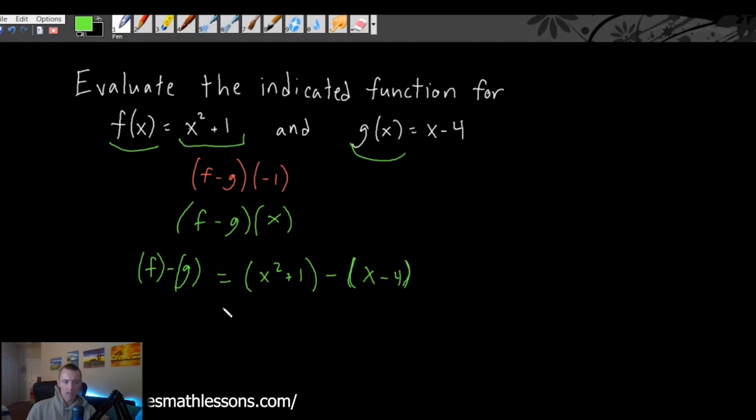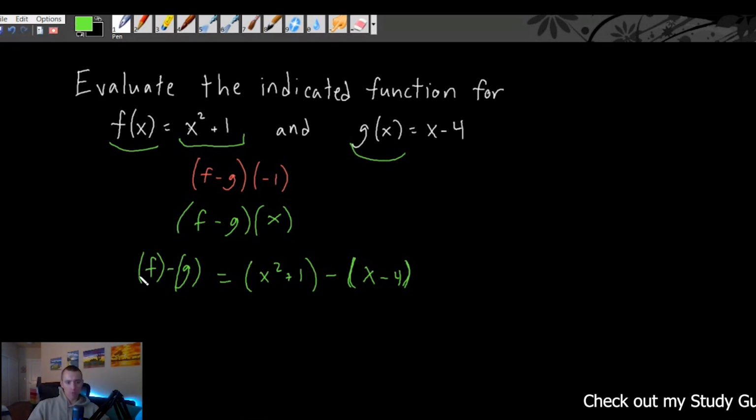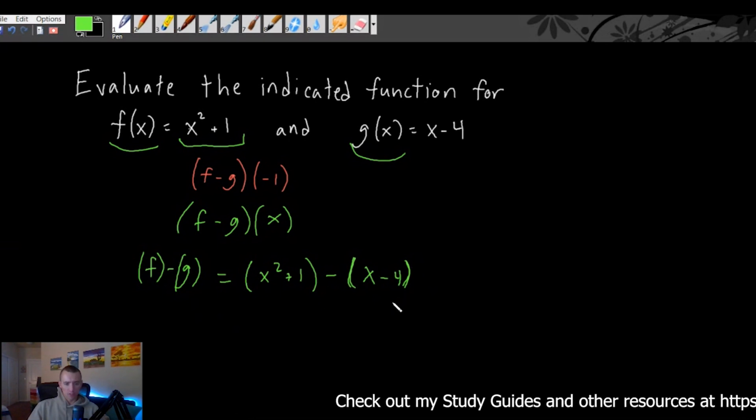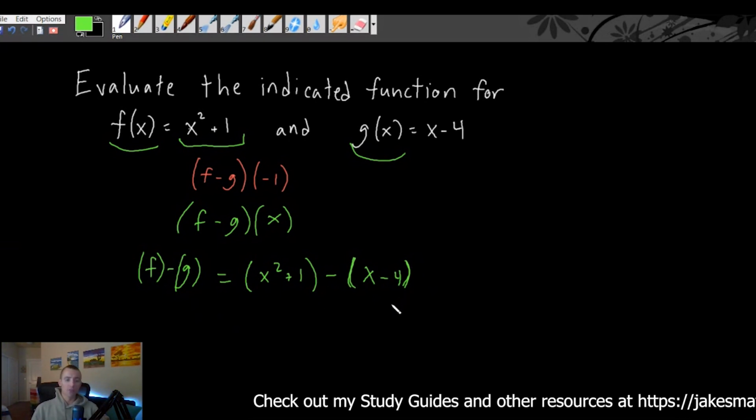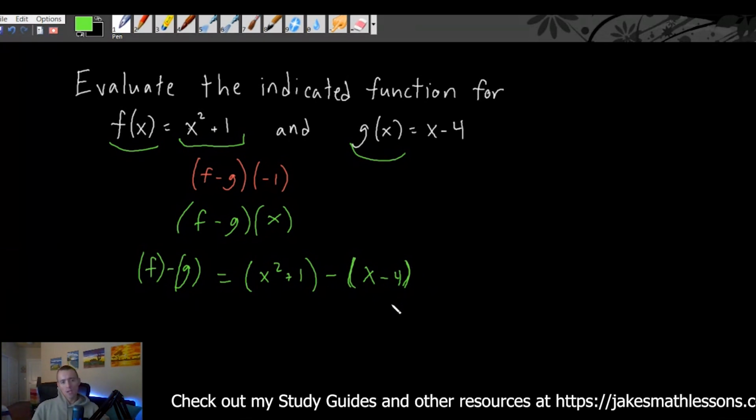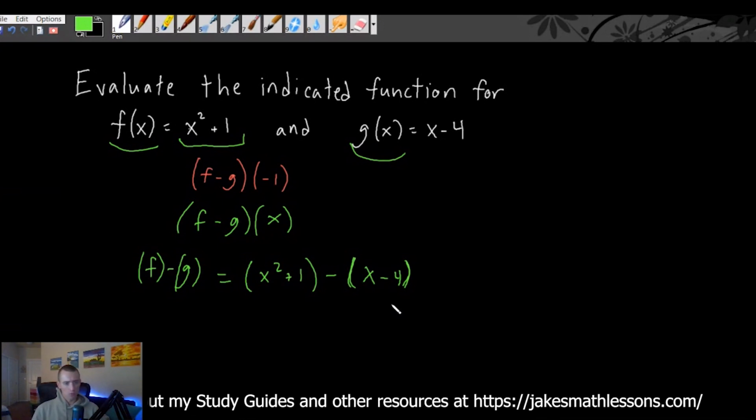Really, when it comes to any of these problems where you're combining two functions, whether it's adding, subtracting, multiplying, dividing, or anything like that, I generally recommend putting parentheses around your function f, your function g, whatever your different functions are. Just put them in parentheses at first.